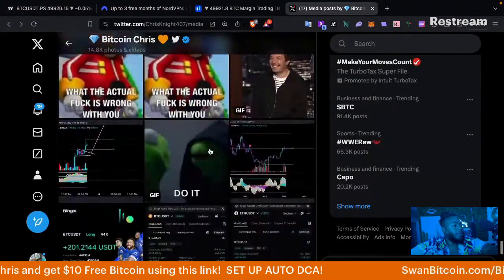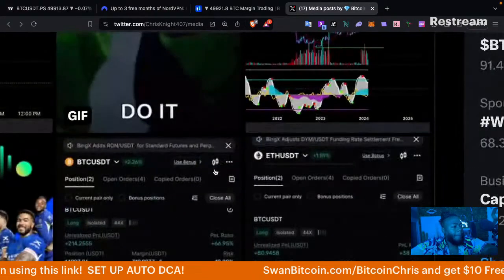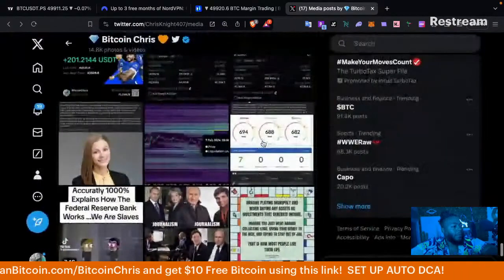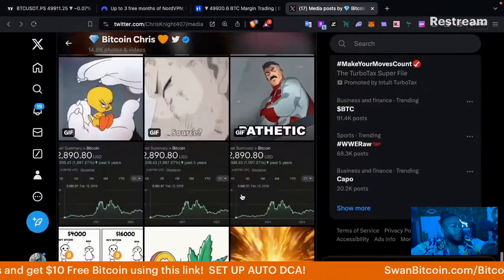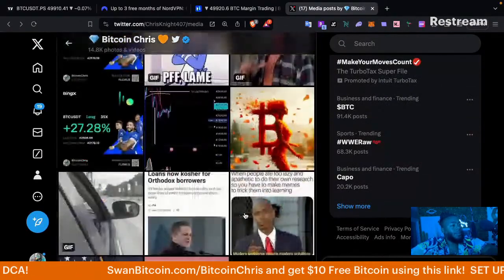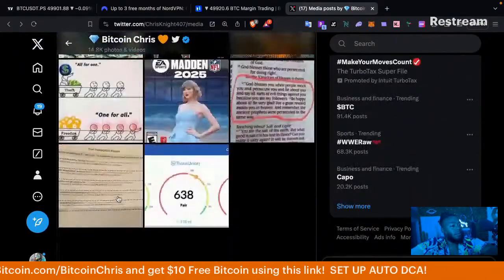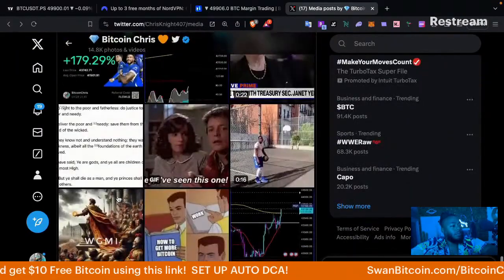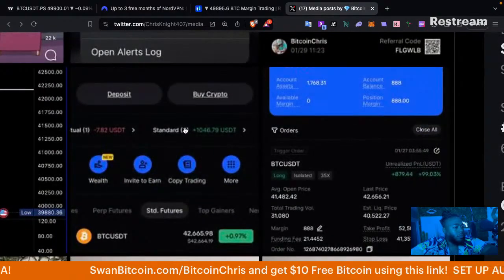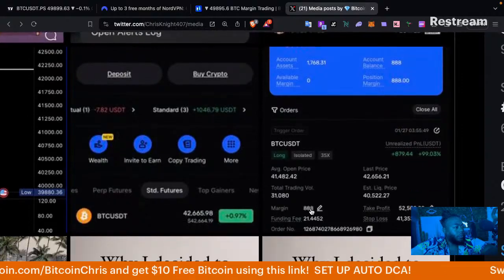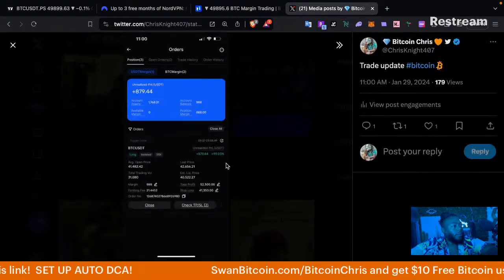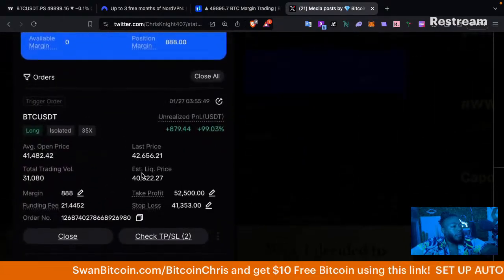But let me show you guys trades. Here goes some more trades. 280. Where's that bad boy at? Whew, this was crazy. I should have kept this trade open.